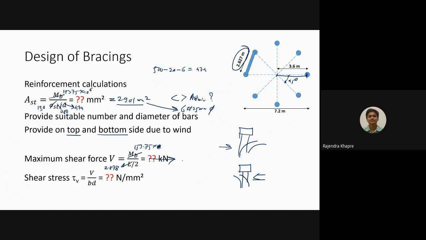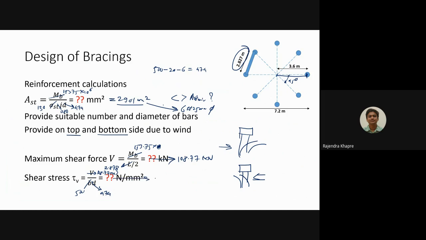So 108.77 kilo Newton. Okay, so now if you calculate the shear force, this is 108.77 into 10 to the power 3. Width of the bracing is 500. The depth is 474.